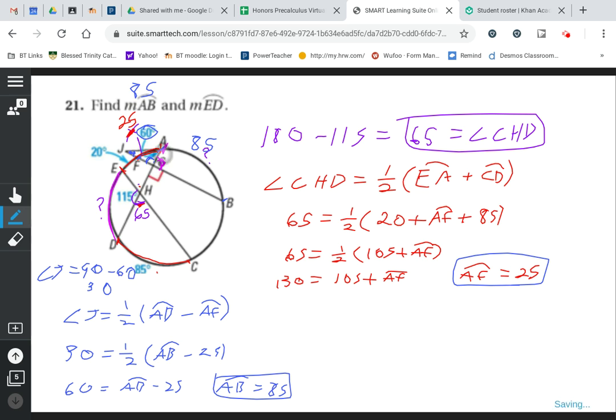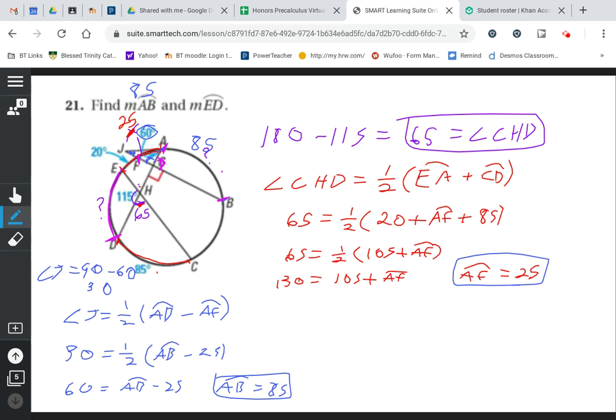But it intercepts the arcs AB and FD. We can solve for this one now, because if you think about it, we have AB, we have the angle, we have FE. What we don't have is FD.